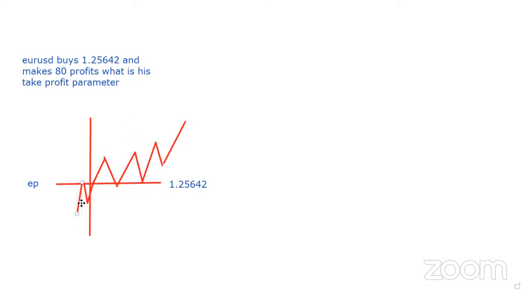Since he was entering from here, this has been broken and it got retested, maybe creating a double bottom. Now he was entering from this level. That means the stop loss should be around here, because he's buying. The stop loss parameter should be around here.